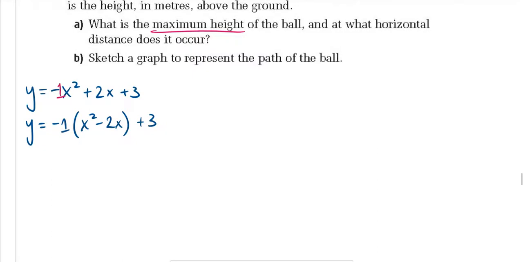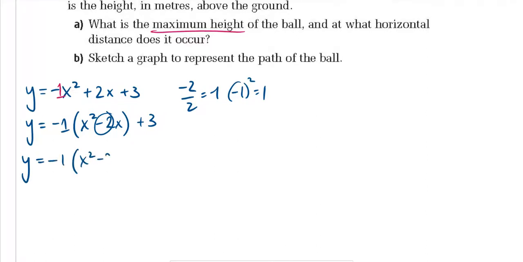Take that middle term, -2, divided by 2, you get -1. -1 squared is equal to +1. So all you're going to do is say y equals -1 bracket x squared minus 2x, add a 1, subtract the 1, close the bracket, put a plus 3.